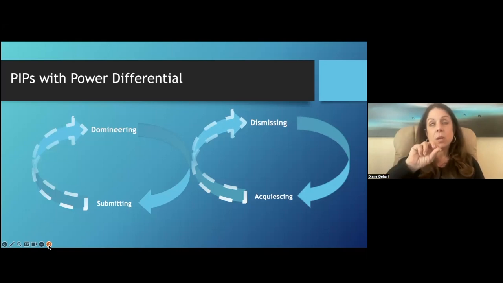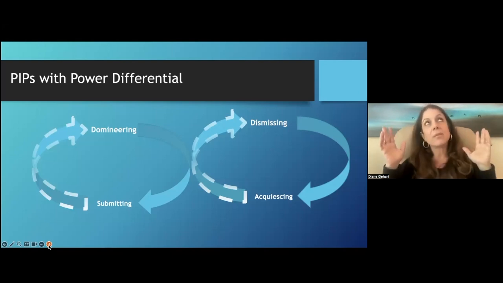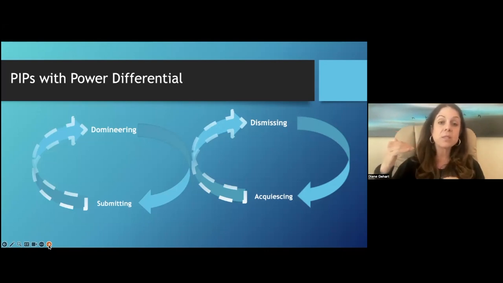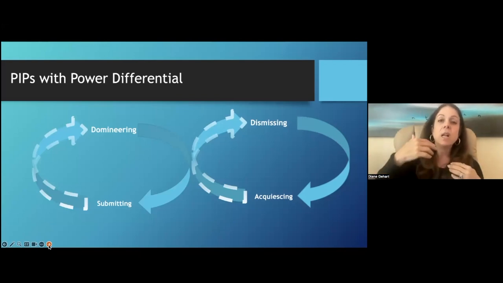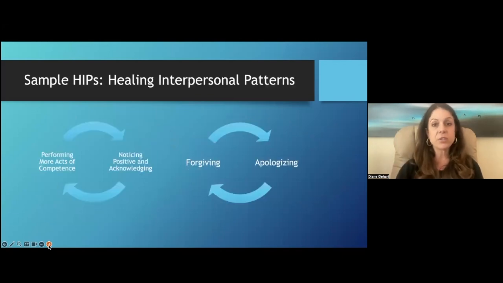Theoretically, from a pure systemic place, you can say both people are reinforcing each other's behaviors. Yes, that's true. But the person who has more power and wields it in a domineering, authoritative way, even if it takes the form more of dismissing someone, the other person has less influence in this type of relationship. So just be aware of the power differentials.